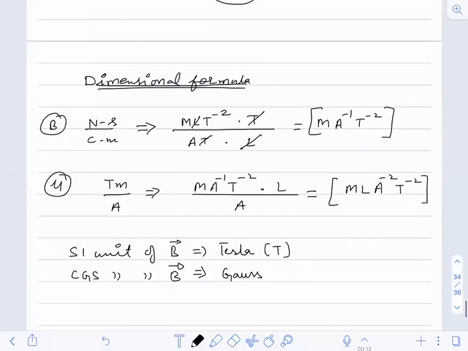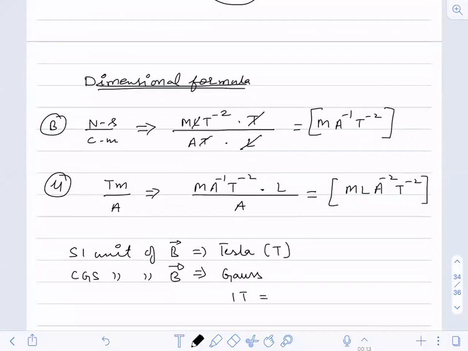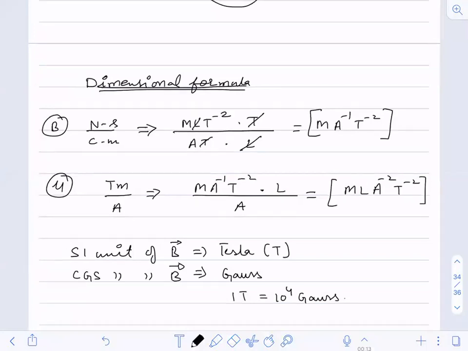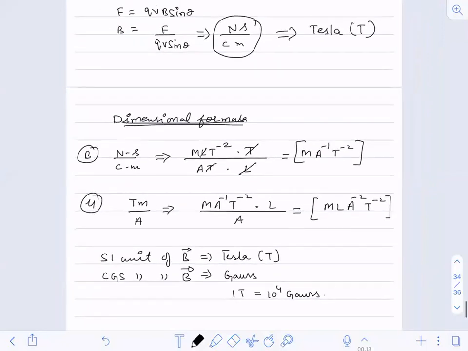So 1 Tesla is equal to 10 to the power 4 Gauss. So this was all about the basics of unit and dimensional formula.